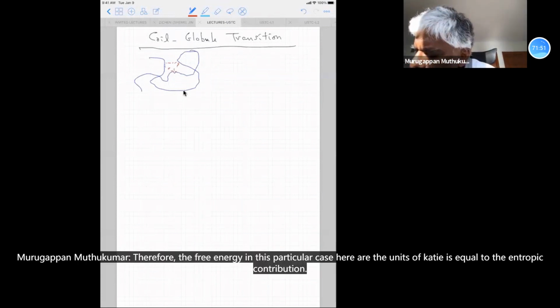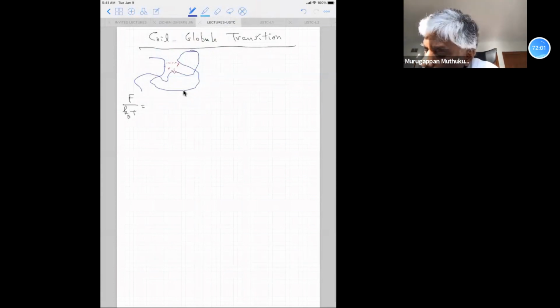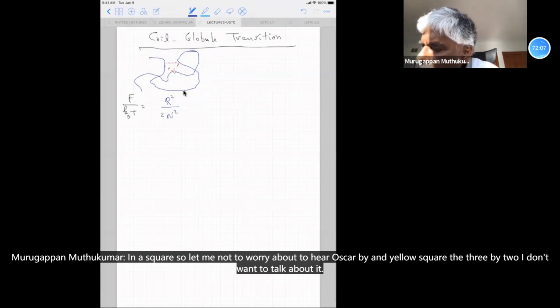Therefore, the free energy in this particular case, in units of kT, is equal to the entropy contribution, R squared by N L squared. Sorry, let me not worry about the 2 here. R squared by N L squared.